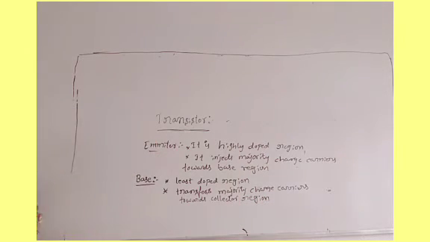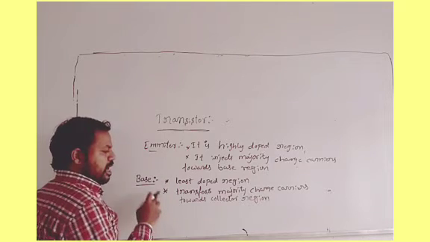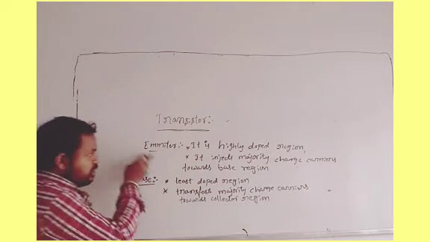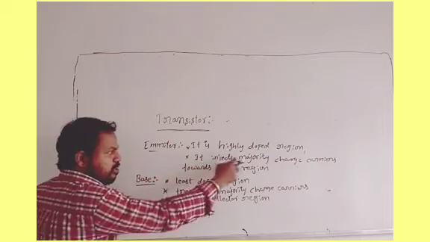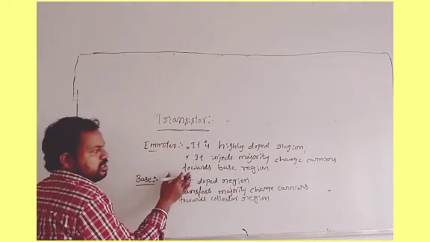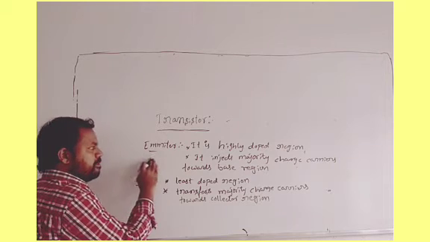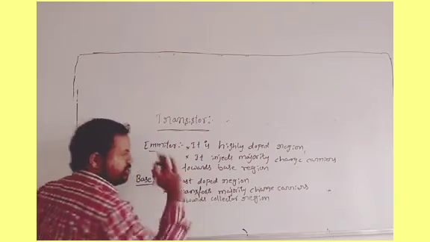This is the function of the base. It is the least doped region, and it transfers the majority charge carriers coming from the emitter. The emitter injects all the majority charge carriers into the base region, and what we got from the emitter is transferred to the collector region.